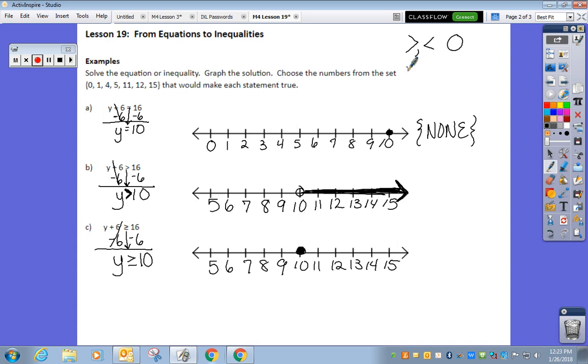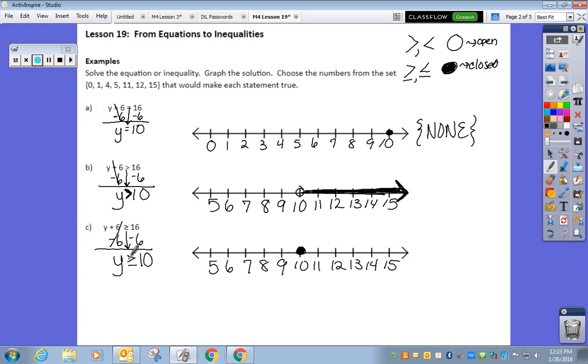So I'm going to just add that up here. Greater than or equal to, less than or equal to means shaded in circle or closed circle. This is open circle. This is closed. And that's how it would be referred to on your homework and quizzes and tests.